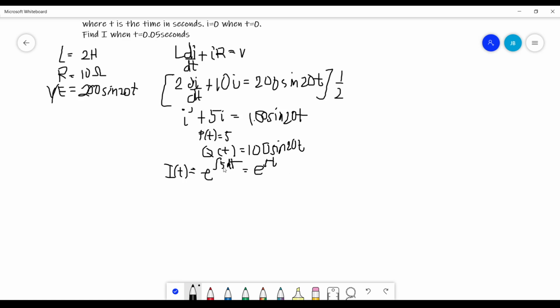Okay, now you can get your current, since what we are looking for is the current when t is equal to 0.05 seconds.